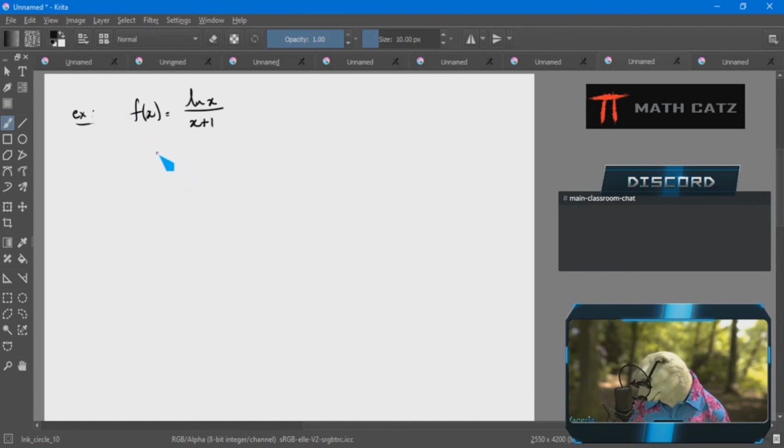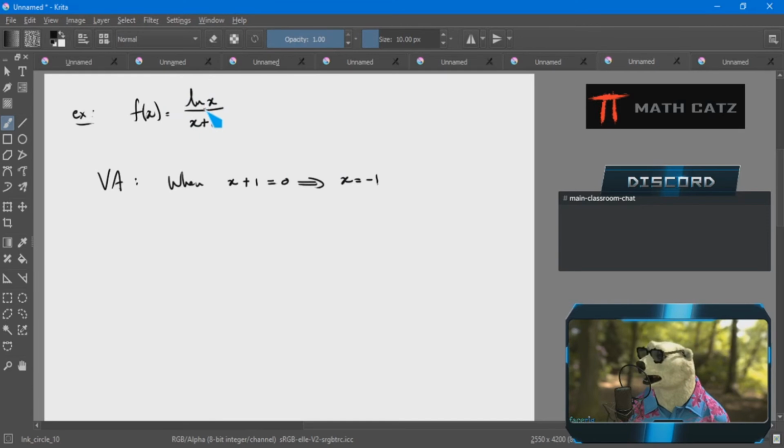Okay, so vertical asymptote question. Well, that's going to happen when x plus 1 equals 0 because that's the denominator. So that is going to be when x equals -1. But this one is a different type.